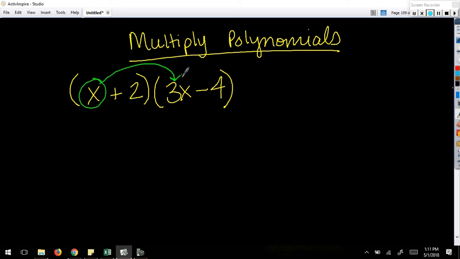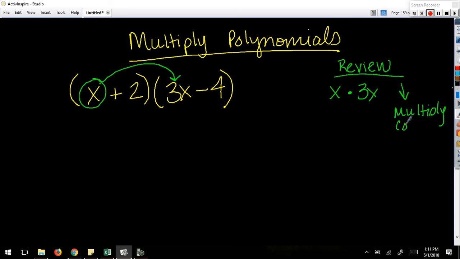Now, before we multiply these, let me just review for a minute. When we multiply terms, in other words, we'll do this x times 3x. What we want to do when we multiply is multiply the coefficients, and remember, coefficient is a big word for the number in front of the variable.